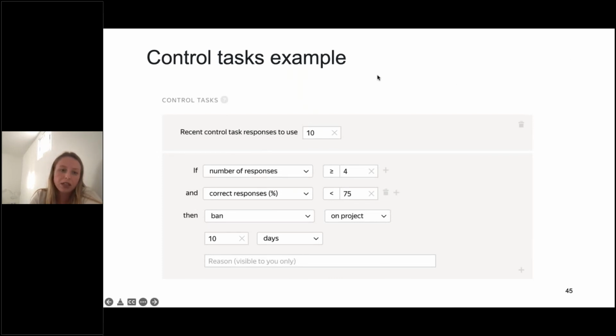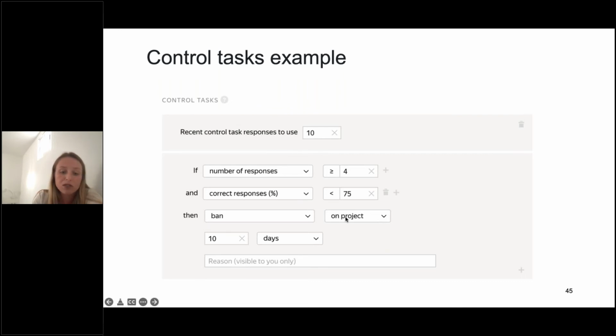Let me give you here an example of using control tasks in Toloka. So here again, we take the last 10 responses into consideration. And if someone has already completed 4 tasks for us, we check how many of those tasks were correct.